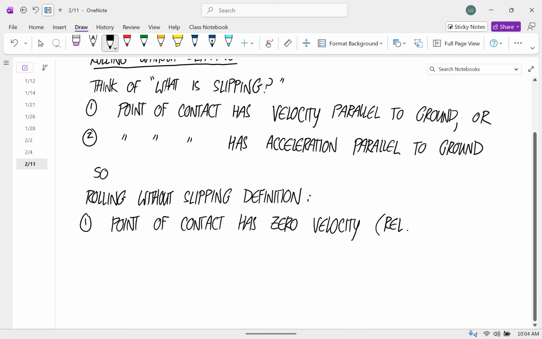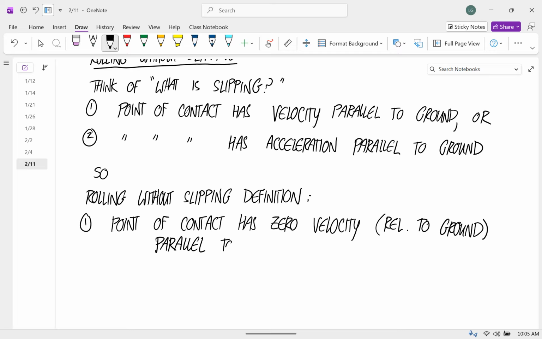To be complete, I'm going to say this is relative to the ground, because imagine something rolling on the floor of a train. The point in contact with the floor of the train doesn't have to have zero velocity relative to the earth. It just has to have zero velocity relative to the floor of the train. Okay, the point of contact has zero velocity relative to the ground, parallel to the surface.